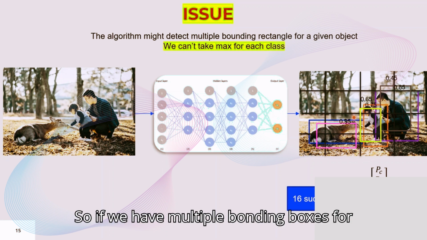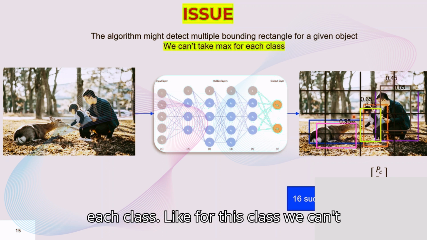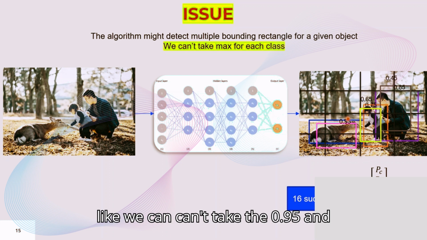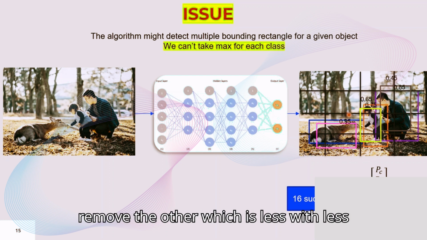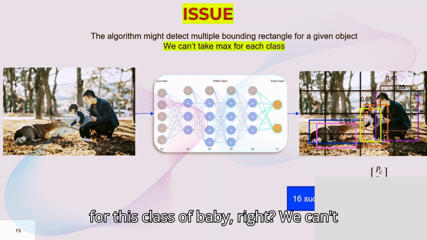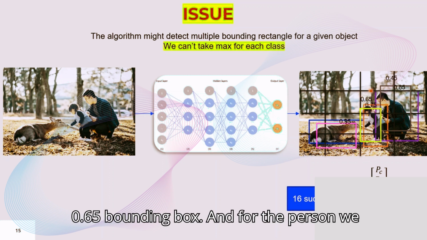So if we have multiple bounding boxes for each object, we can't just take the max for each class. For this class, we can't take the 0.95 box and remove the one with the lower confidence score. For the baby, we can't take the 0.75 bounding box and remove the 0.65 bounding box.